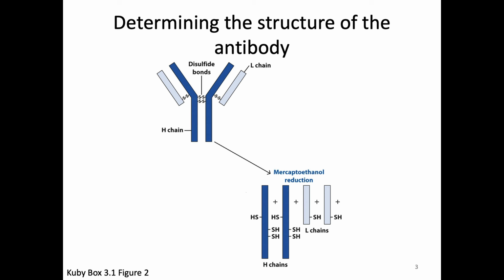And when they did that, they found out that from the antibody they started with, they actually got 4 protein chains. So this thing that looked like a Y was actually 4 separate protein chains that had been held together by disulfide bonds.